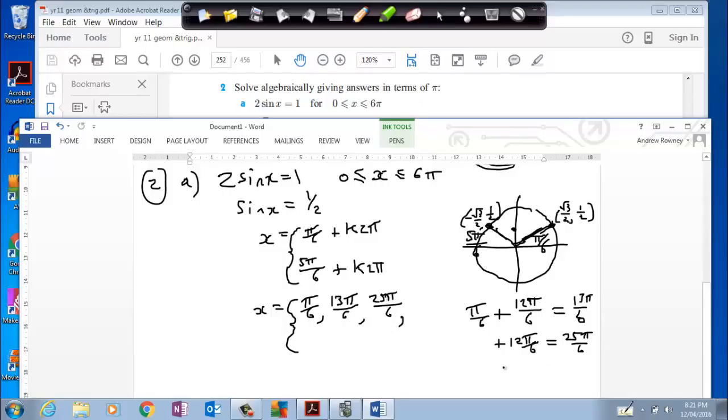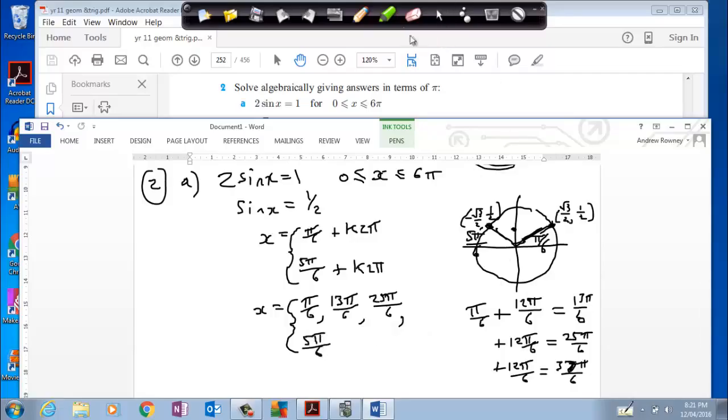If we add on another 12 pi on 6, then we'll get up to 37 pi on 6, and that's past 6 pi, because 6 sixes are 36, we're past 6 pi. So we stop there. Now we come down and do 5 pi on 6.